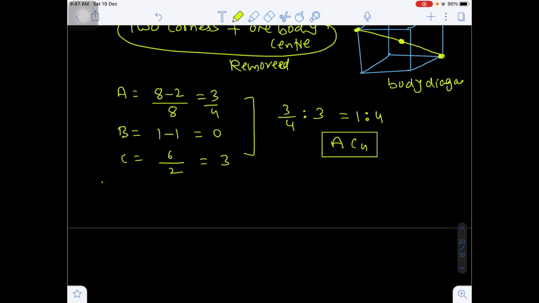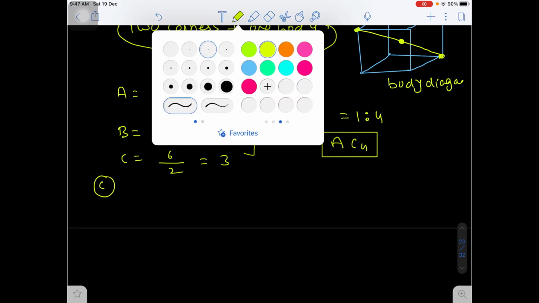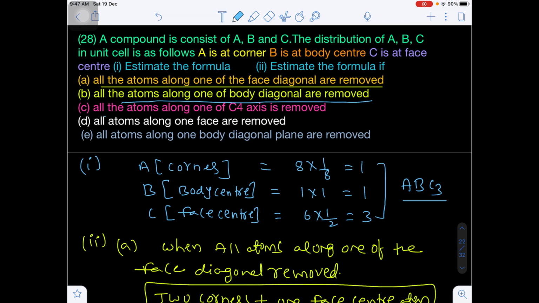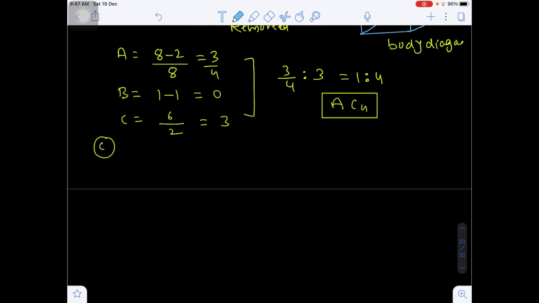Now the question number C. In question C, all the particles along the C4 axis are removed. What is the meaning of a C4 axis? Do you know?